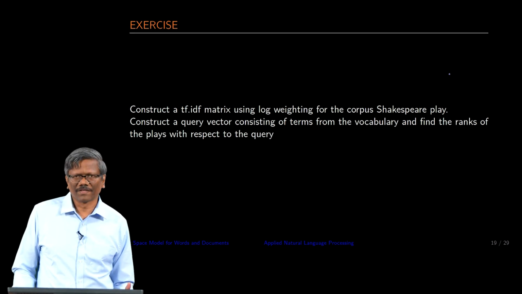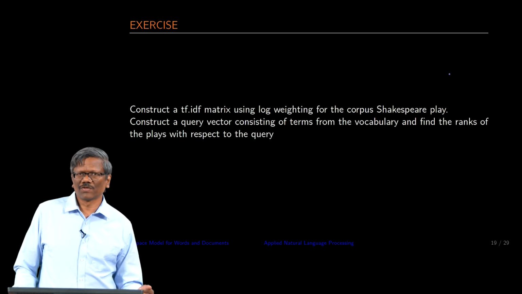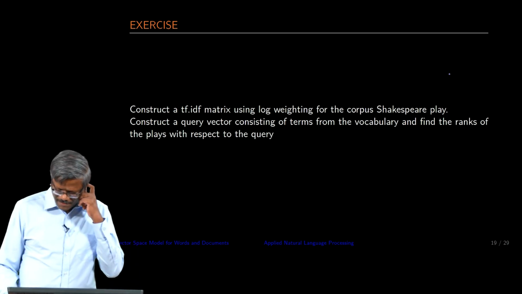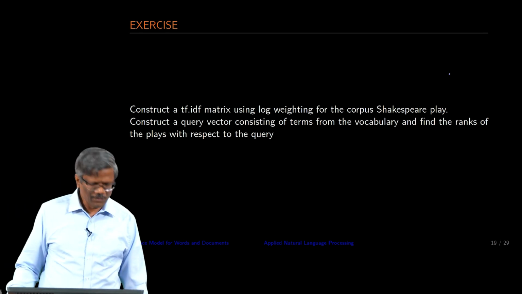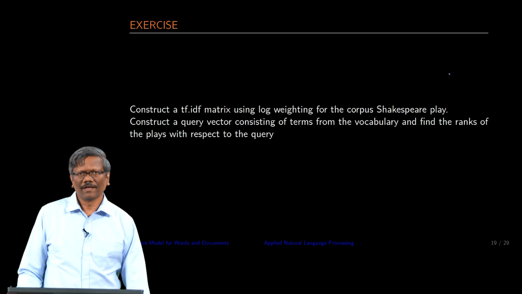So, this is one exercise for you, and the program is already available. What you have to change is only the document term matrix that I have given, replacing it with the Shakespeare's plays. Okay. This would be very useful if you implement this small exercise.